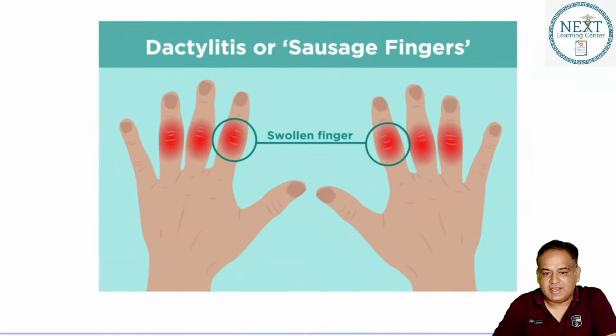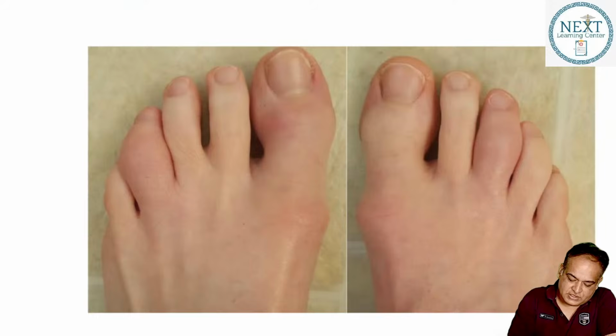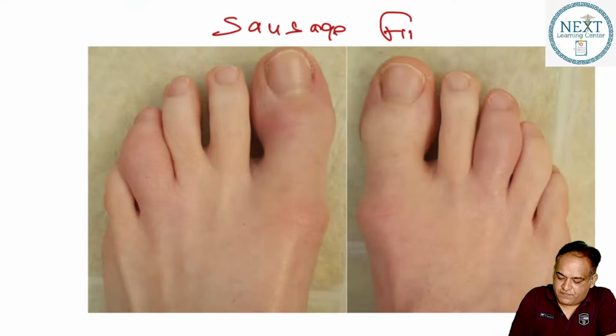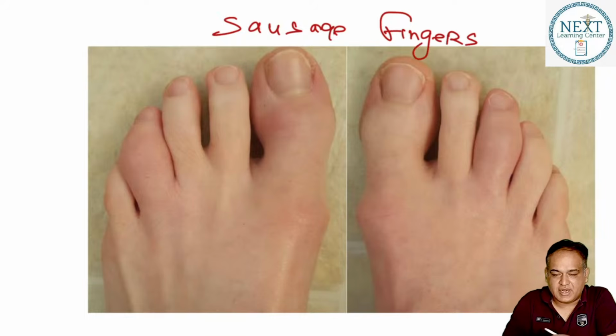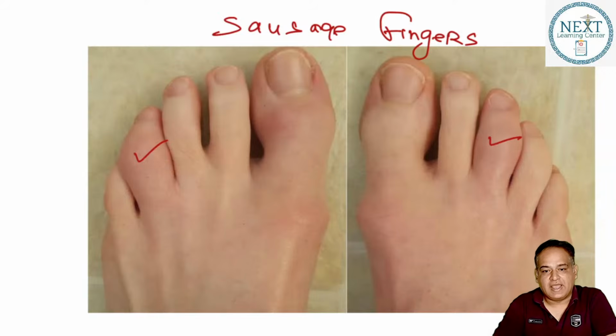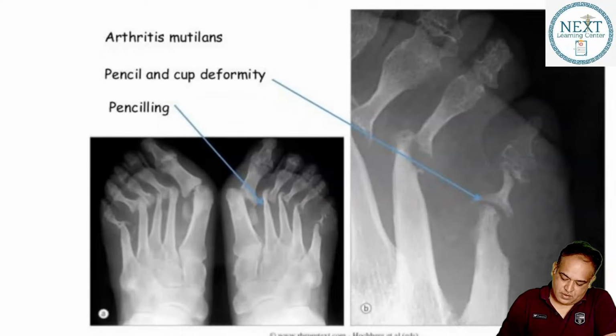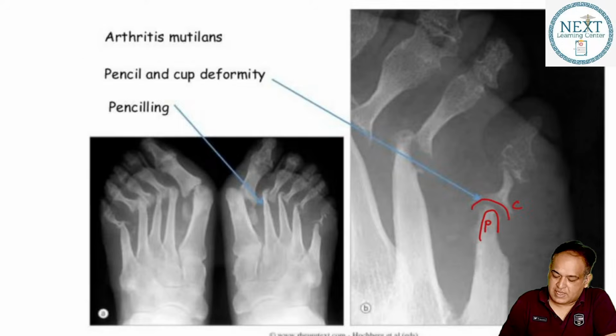Now, psoriatic arthritis. What do we get to see? We get to see sausage fingers. आपने जो लोग नॉन वेजिटेरियन है चिकन सॉसेज खाए होंगे. So it appears like this. Sausage finger. Then on X-ray we get to see pencil cup deformity.